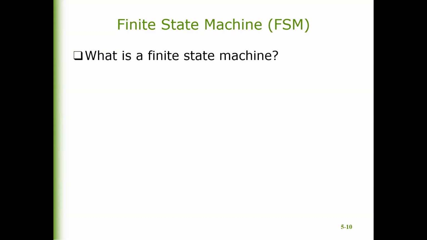Let me show you one example of what this means for the finite state machines. Let's say we want to work on an example. We want a system that recognizes if we have an odd number of ones.